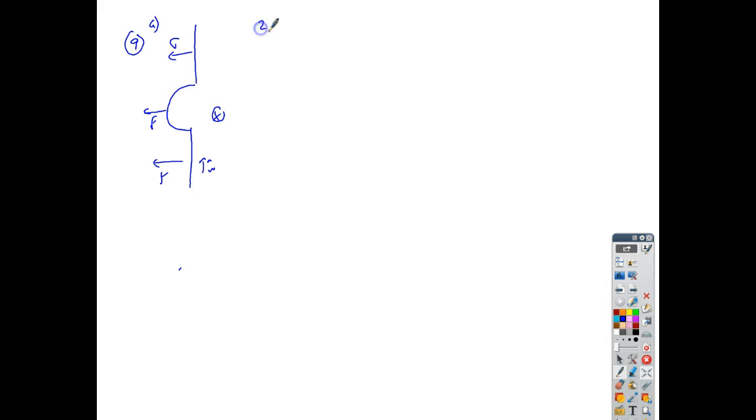Then number 2. Current this way. The magnetic force is different at different points, right?